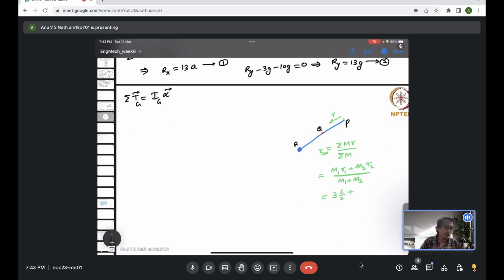And M2, the mass of the second body, which is the bob with 10 kilogram, times R2, the distance to the center of mass of the point mass, which is at R. So that is this distance. Earlier this was R1, and now this is R2, measured again from point P, which is actually the total length of the rod.